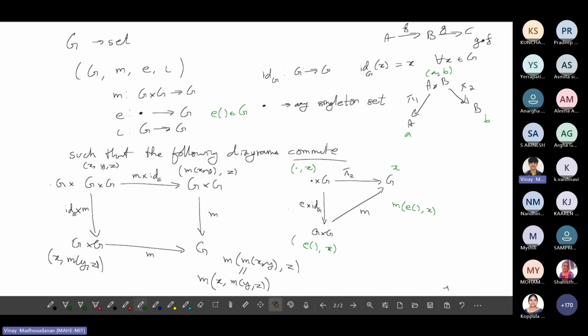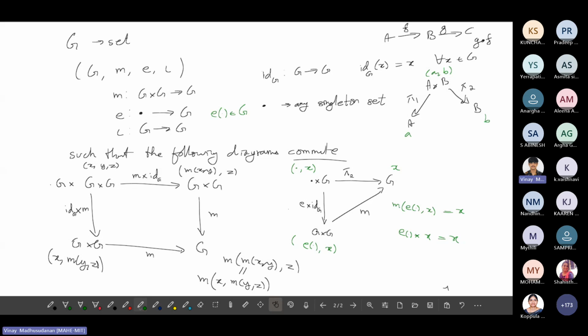Okay. So what does it mean to say this commutes? This must be equal to x, or we are saying that this E of this, let's write the product as star for now to avoid confusion with this dot, should be equal to x. Okay.